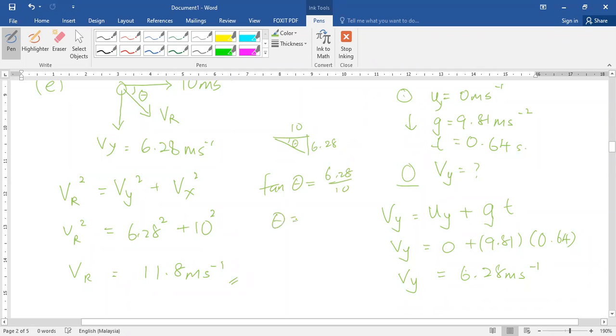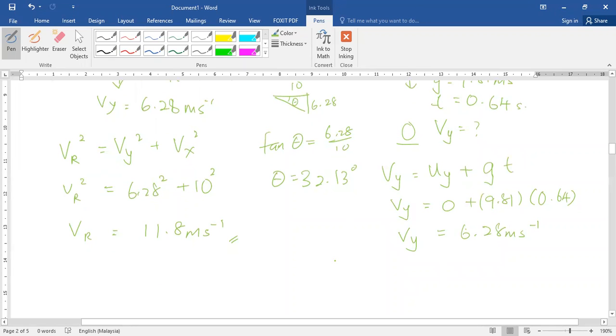So delta is equal to how much? So this means that the angle is shift tan of 0.628. I get that the angle is equal to 32.13 degrees.